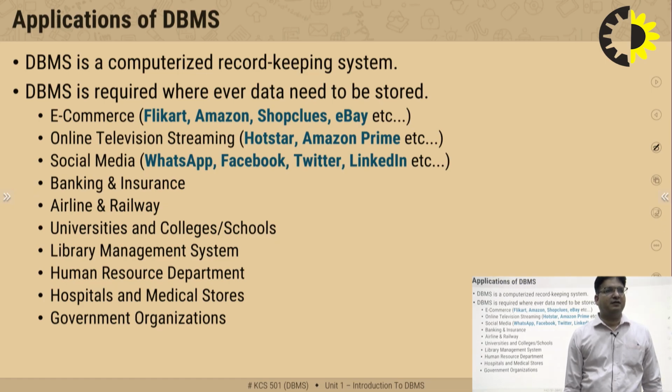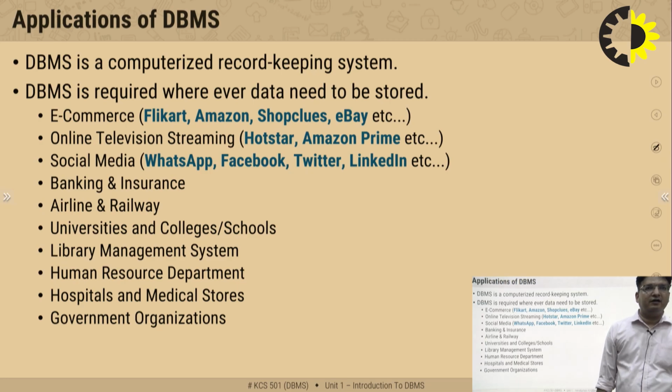Then the banking sector is there, the insurance sector is there. All of them need record keeping of the data of their customers. Airline and railway reservation systems, where the data is to be stored. Universities, colleges, libraries, human resource management, hospitals, stores, government organizations, and many more applications of DBMS are there.